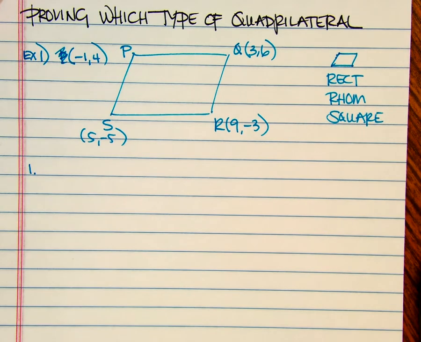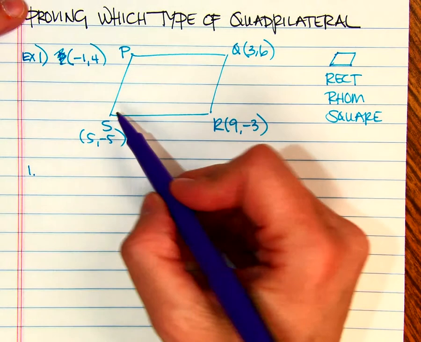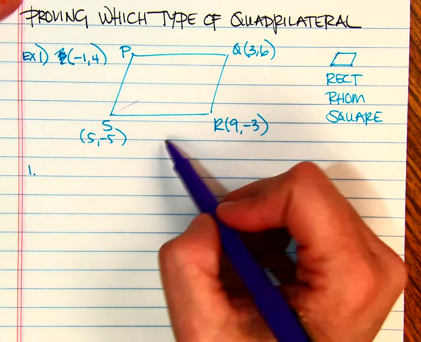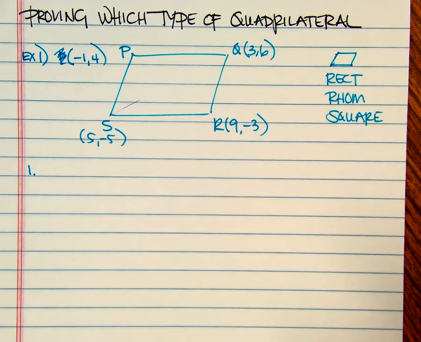Okay, and I like to work with the diagonals, because if I know the information about the diagonals, I only have 2 segments to deal with, as opposed to having 4 if I'm doing some property with the sides. Because we're dealing with coordinates, obviously any property having to do with angles, we're not dealing with, okay?